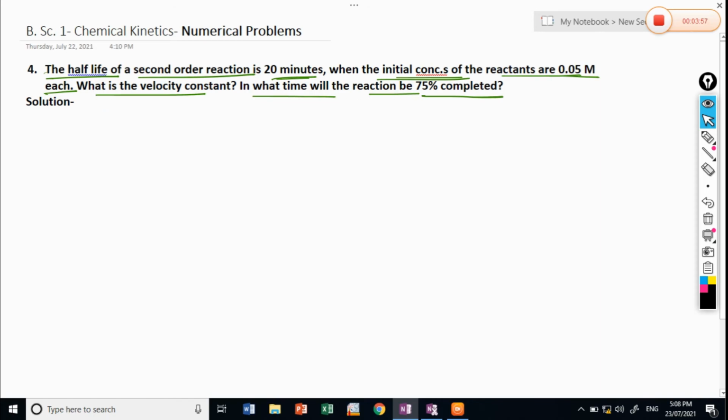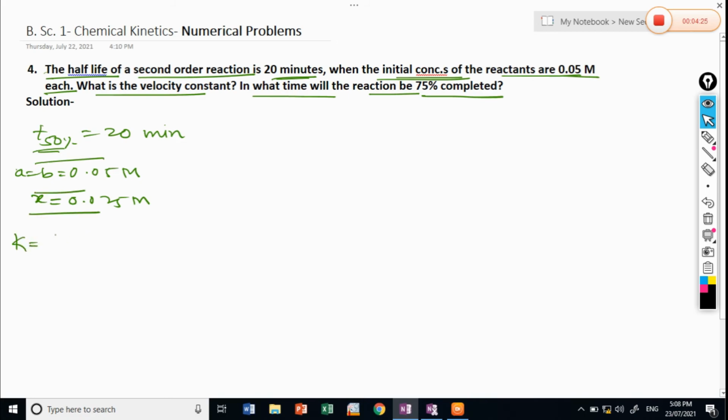Here half-life time for second order, that is T50%, is given, which is 20 minutes. Initial concentrations are the same, that is A is equal to B is equal to 0.05 molar. So X for T50% will be half, that is 0.025 molar. By using these values we can calculate the K. So how to calculate K?